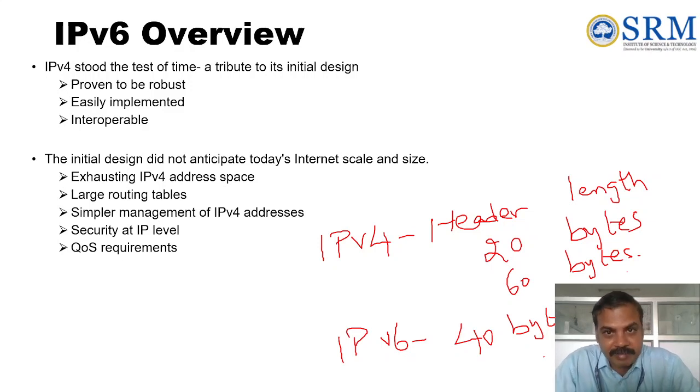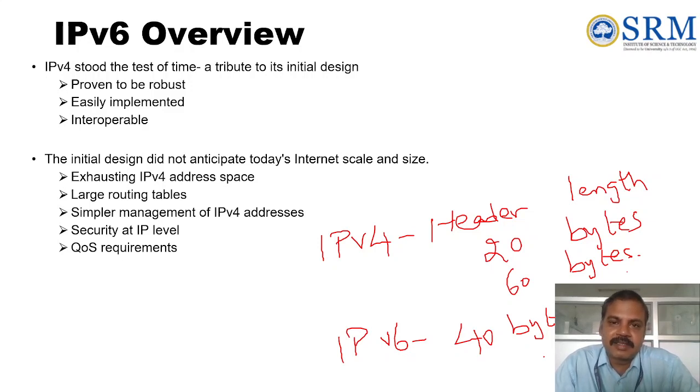One of the fundamental things we have done is that IPv4 has a variable header length, while in IPv6 we made it fixed: 40 bytes is the IPv6 header length. If we want to add more options in IPv6, we can add them separately as options, with no need to be part of the fundamental header. The fundamental header in IPv6 is only 40 bytes, whereas in IPv4 it varies from 20 to 60 bytes.